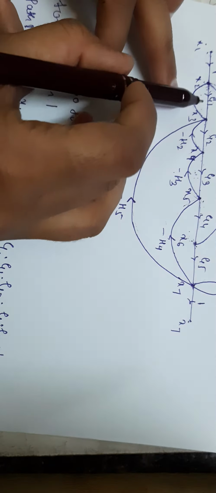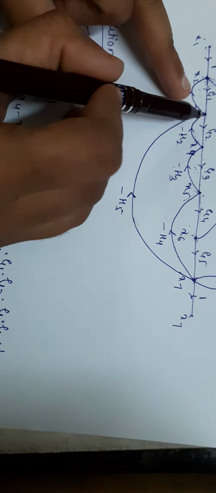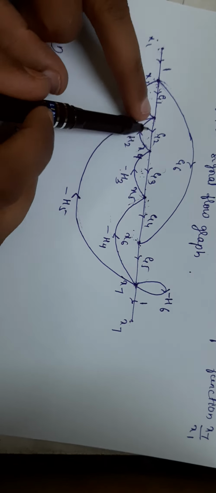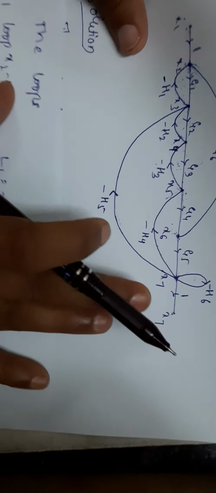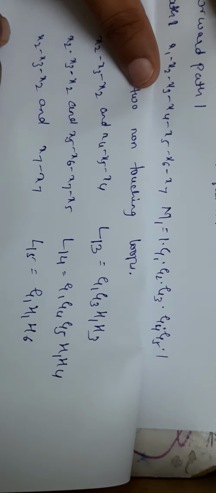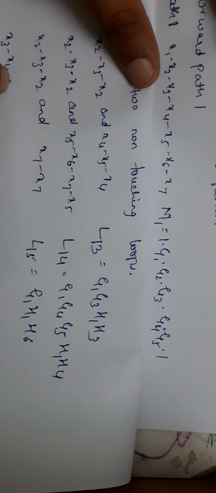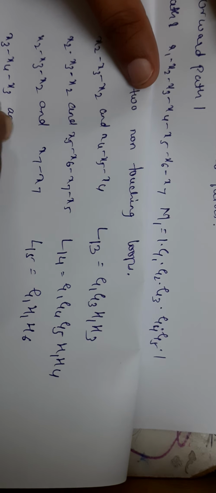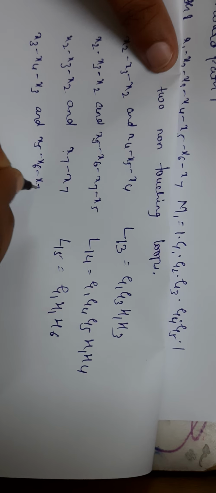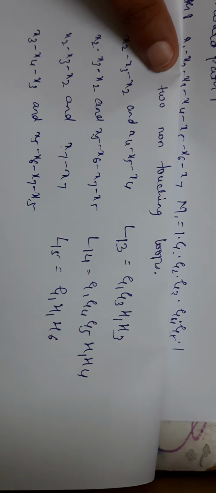Okay, this is done. So next, see, this loop and this loop are not touching. Similar to that, X3 to X4, X4 to X3 and X5, X6, X7 to X5 are not touching.